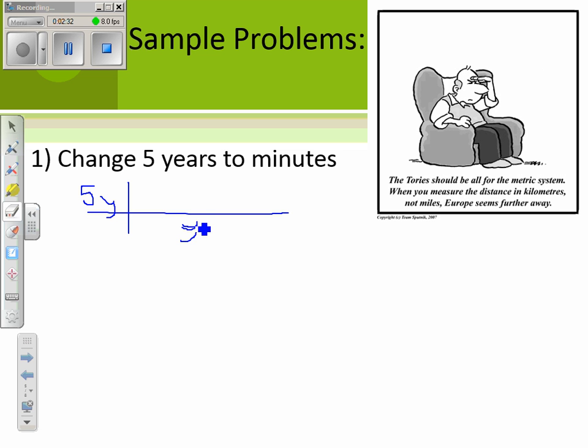I don't have anything that goes straight from years to minutes. I have years to days, and for every 1 year there are 365 days.